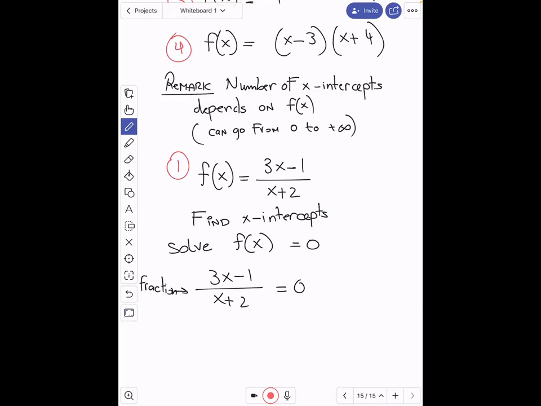If you have a fraction like a over b equal to 0, then the top, a, is 0, because 0 over any non-zero number is 0. So whenever a fraction is equal to 0, the numerator is 0. The top here is 3x minus 1.